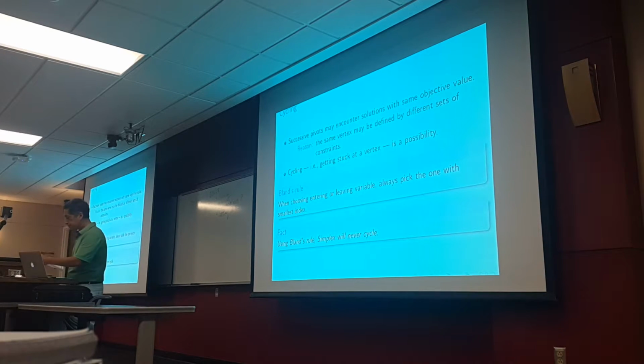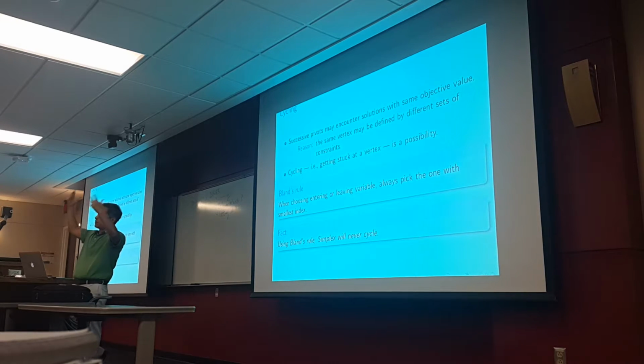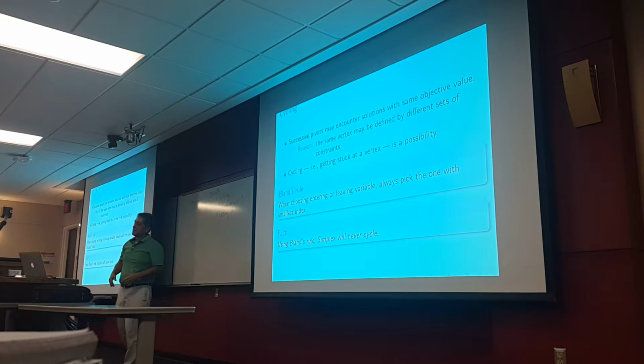Yes, question. I just want to check my geometric understanding of cycling. It's like cycling is when you have a set of vertices on a hyperplane where the objective function is all the same. Actually, you have a vertex that is defined by multiple constraints. In 3 dimensions, you need 3 planes to define that vertex, but you might have 6 or 7 or 8, and they could all define that same thing.